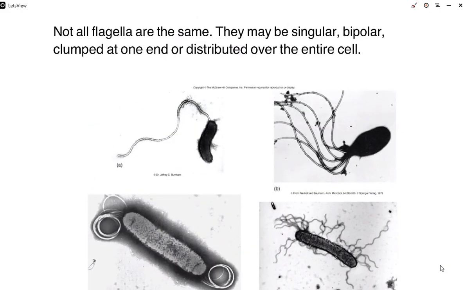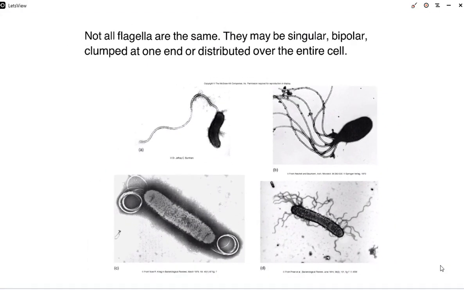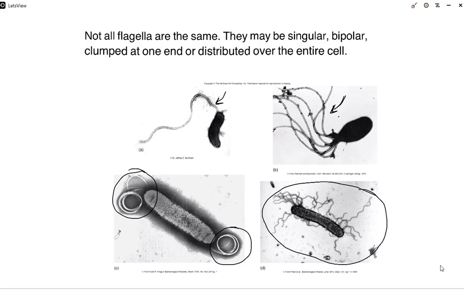So what I think is really interesting is that, yes, we can have that single flagellum, like we see in this image here, or we can have a whole bunch of them at one side, like this one, that almost looks like a kraken, or we can have flagella at opposite ends, or we can actually have flagella that kind of stick out everywhere all over the cell, interestingly enough.